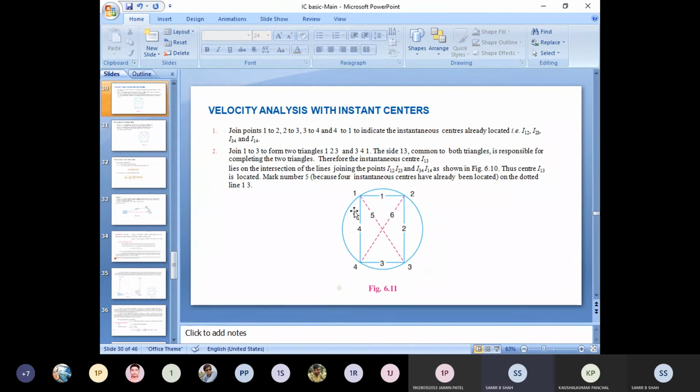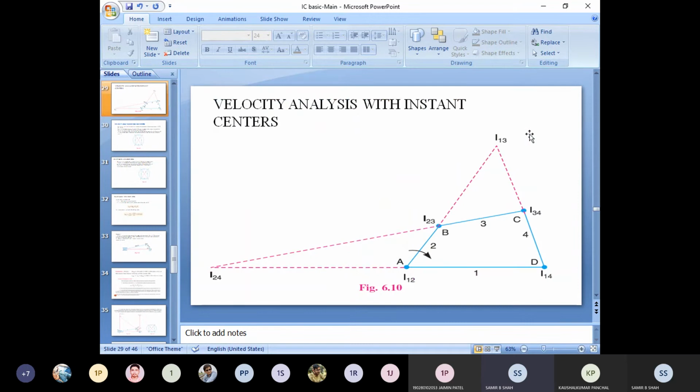Therefore, the I center I13 lies on the intersection of the lines joining the points I12, I23 and I14, I34.